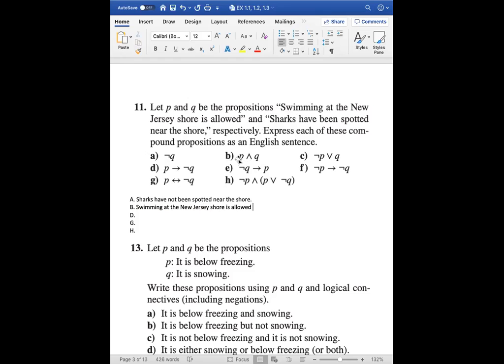Then we have this and operator, represented by the word and. Then we take Q, which is sharks have been spotted near the shore.